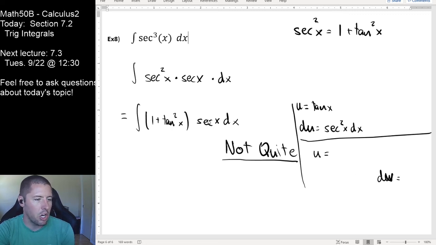And I don't currently know an integration for secant, although I should just stop right now and tell you the integral for secant, the book does, and we are going to depend on it for this problem right here. But this is one of the hardest ones that the textbook does for the whole section.